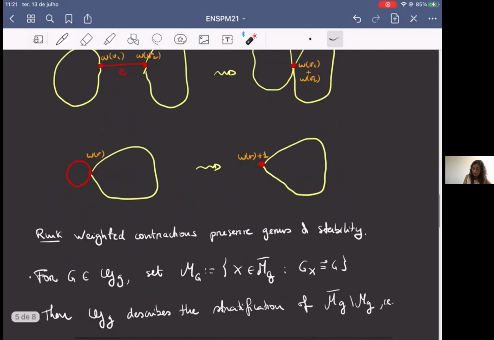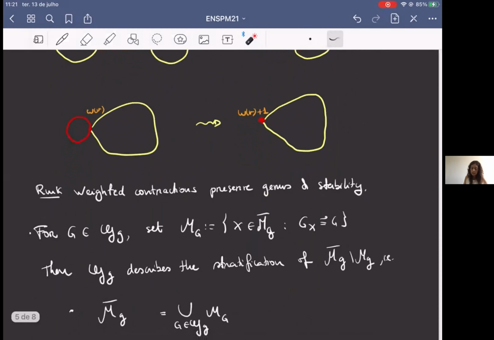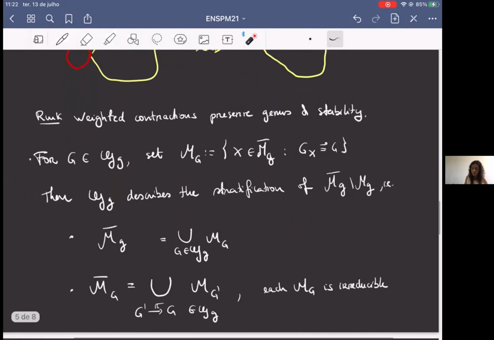And then what we do is that out of a graph, sorry, in the category of stable graphs, you consider a locus inside M_g bar, which is the locus of stable curves whose dual graph is isomorphic to your G. Okay, so for each stable graph, this is going to be locally closed inside M_g bar.